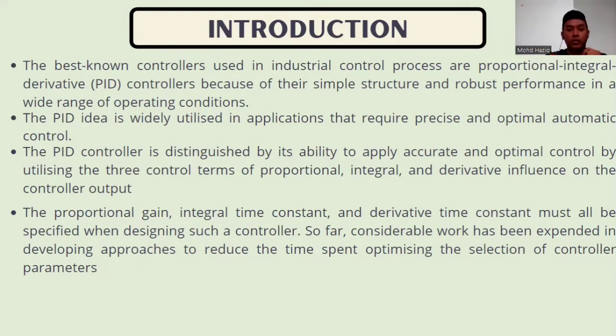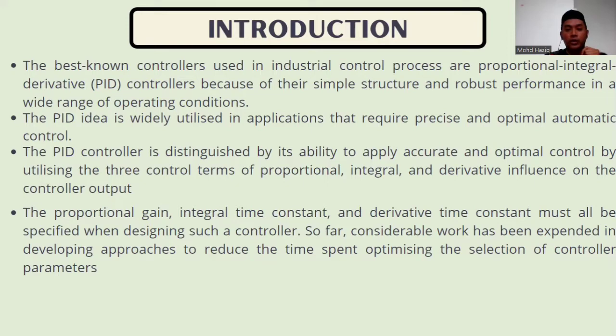The PID controller is distinguished by its ability to apply accurate and optimal control by utilizing the three control terms of proportional, integral, and derivative influence on the controller output. The proportional gain, integral time constant, and derivative time constant must all be specified when designing such a controller.